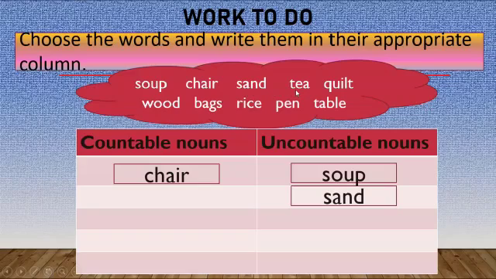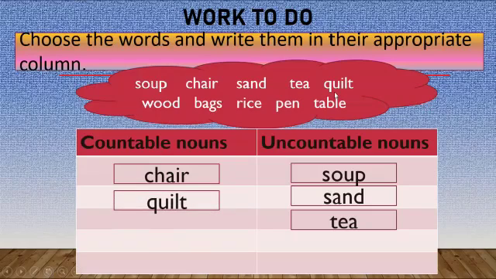Sand. Tell me, is it uncountable or countable? Yes, it is an uncountable noun. Tea. Tea is also uncountable. Quilt. Yes, quilt is countable. Wood. Tell me, is it countable or uncountable? Yes, you are right. It is an uncountable noun. Bags.